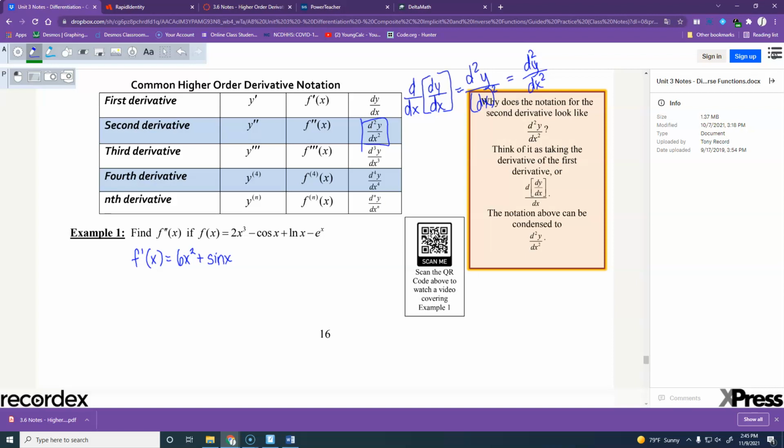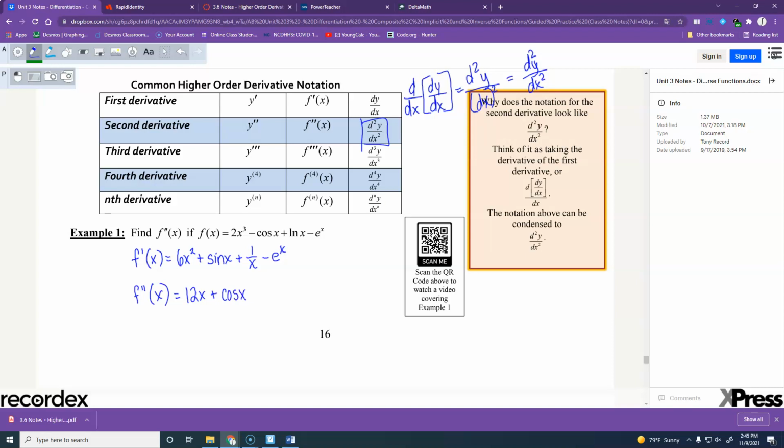What's the derivative of natural log? And what's the derivative of e to the x? e to the x. Okay, so that's our first derivative. To take our second derivative, we just have 12x plus cosine x.